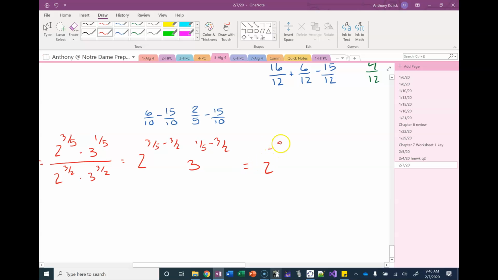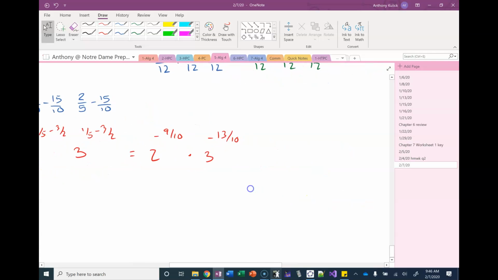So that's going to give me 2 to the negative 9/10 and then 3 to the negative 13/10. Everybody okay there?